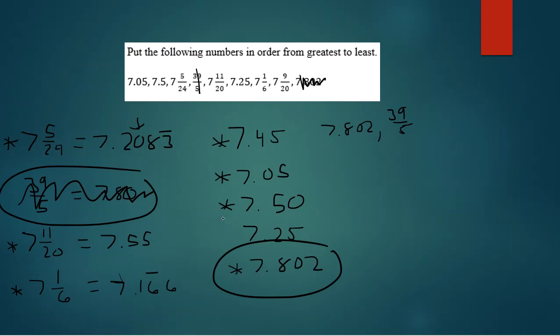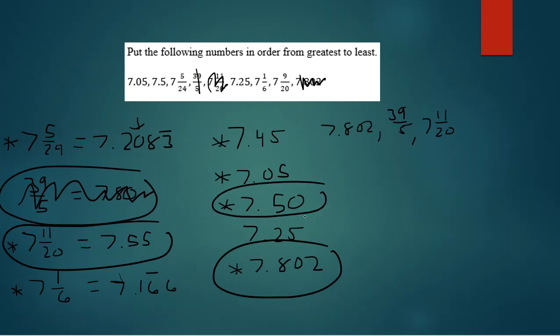Okay, and then we have, as we look through here, I think it's this one right here with the 7.55. So that's the 7 and 11/20. Okay. And then we have, I think, the 7.5. Okay.